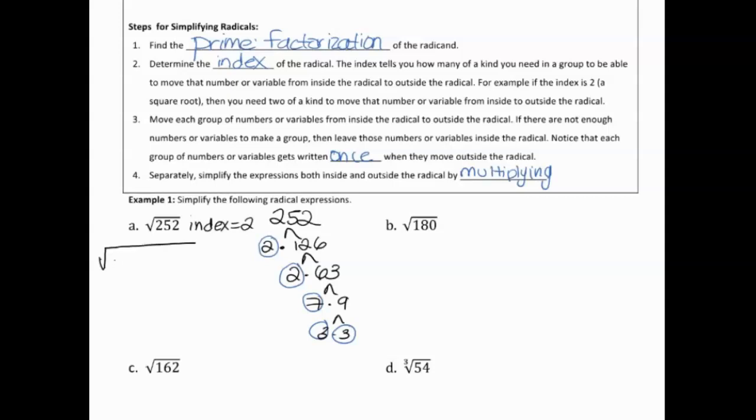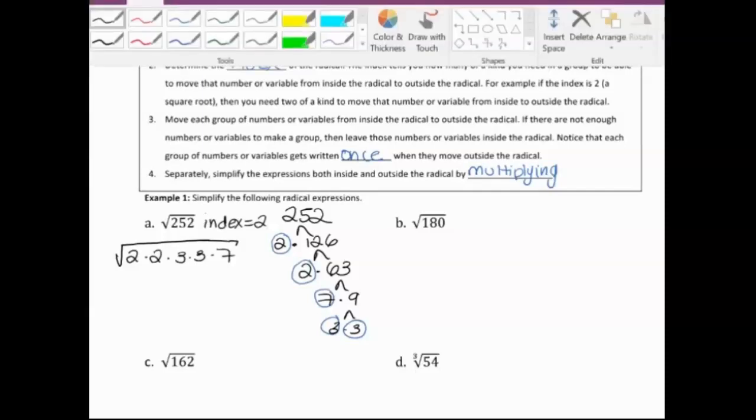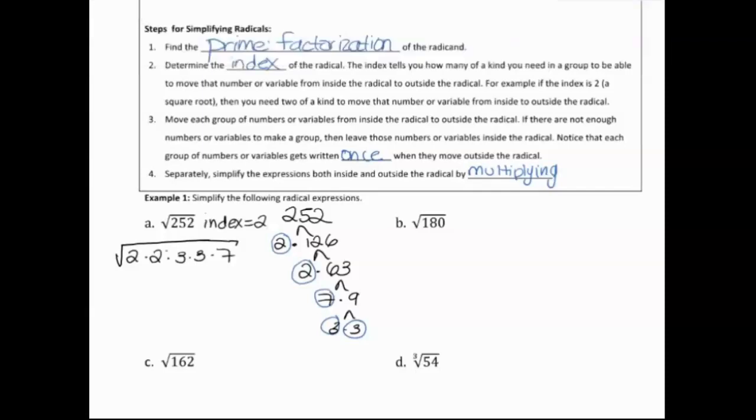So this is going to be 2 times 2 times 3 times 3 times 7. Since our index is a 2, this means we will be looking for groups of 2 inside the radical. So we're going to make groups of 2. We have a group of two 2s and we have a group of two 3s. The 7 is by itself, so we cannot make a group.